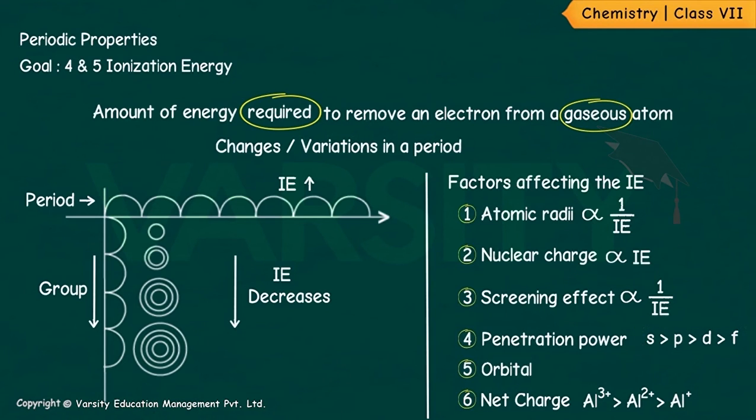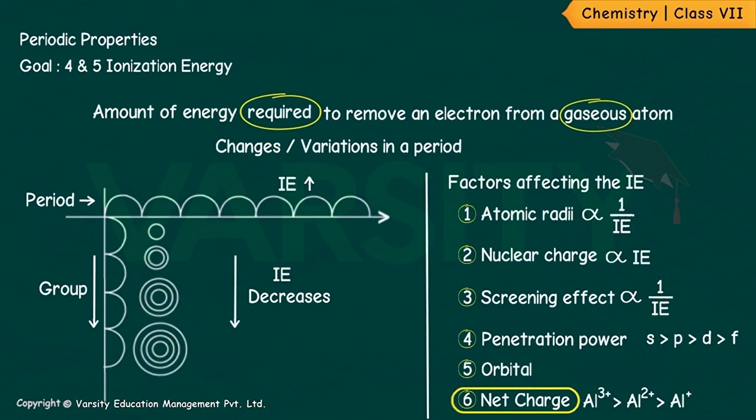Now coming to the next, net charge on the atom. The net charge is directly proportional to the ionization energy. Let's take an example.